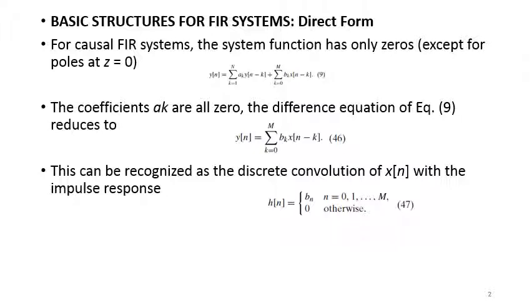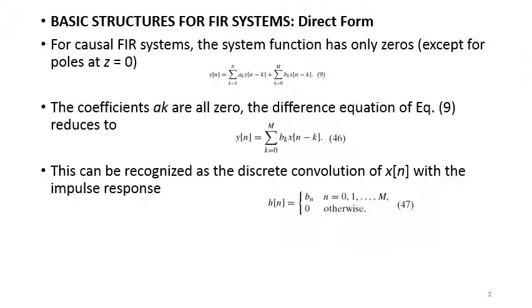Similarly, if we express it in factored form, then we have the cascade form of the structure. Or if we expand the system function in partial fractions, then we have the parallel form of the structure for IIR systems. In this lecture we are going to talk about the basic structure for FIR systems.